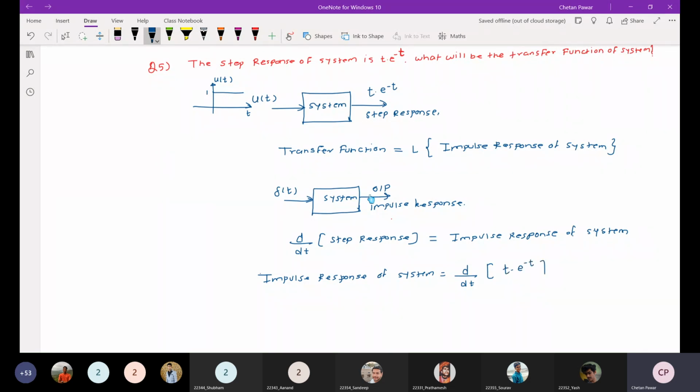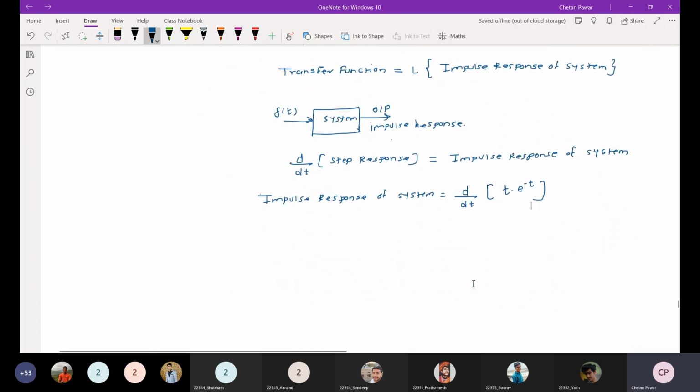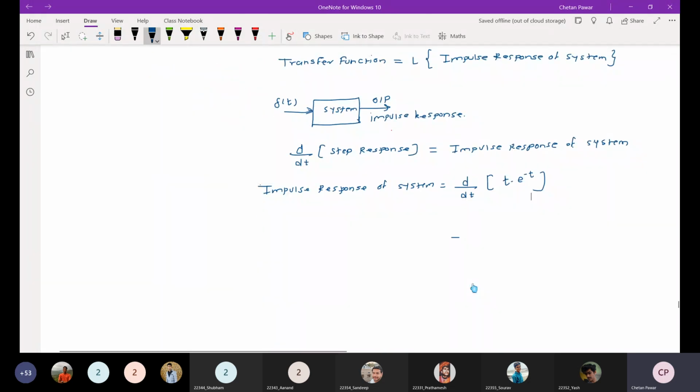So the derivative will be this. This is the impulse response of the system. Impulse response is also represented by a very widely used notation, h of t.